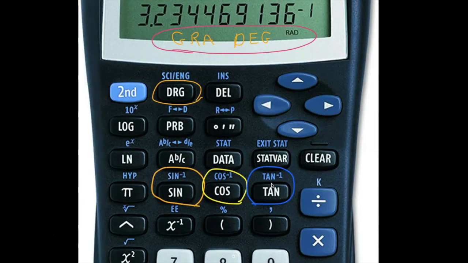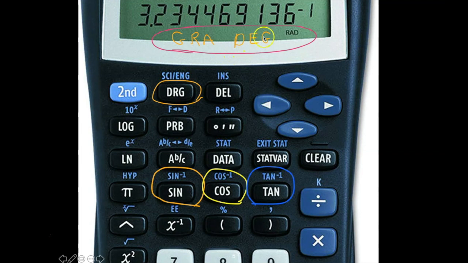So this is our scientific calculator. A little first step. Notice this says RAD. Down here is DRG. When you push this button, the D stands for degree, R stands for radian, G stands for gradient.